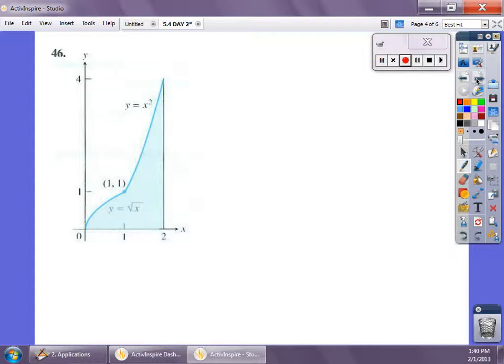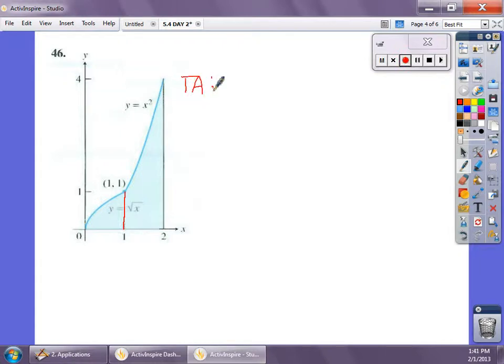So for 46 here, we haven't done one where there's been two equations, but what I want you to do is break it up wherever the equation stops. So if you look at 1, 1, the equation actually stops for root of x, and then after 1, 1, the equation becomes x squared. So your total area, in this case, would be two integrals.